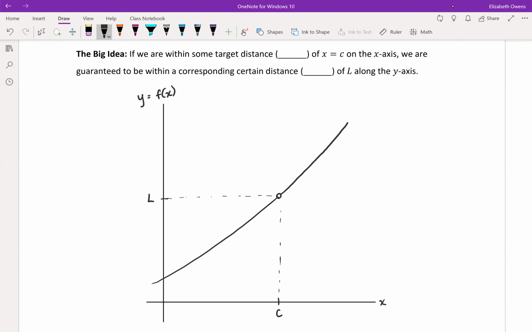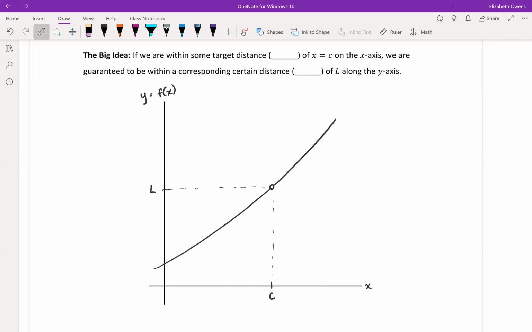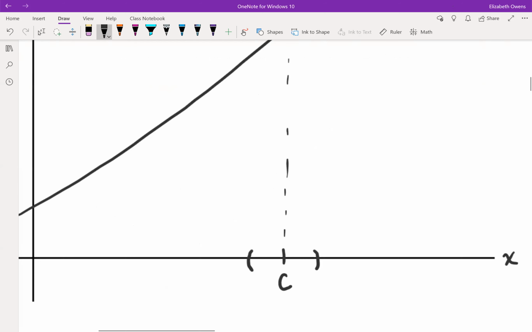But what we're going to look at now with this new idea is that we're going to be within some target distance of x equals c on the x-axis. Around x equals c, we're going to mark off a little margin, from here to here or so. We've gone out some little distance away from c in either direction. I'll zoom way in here.